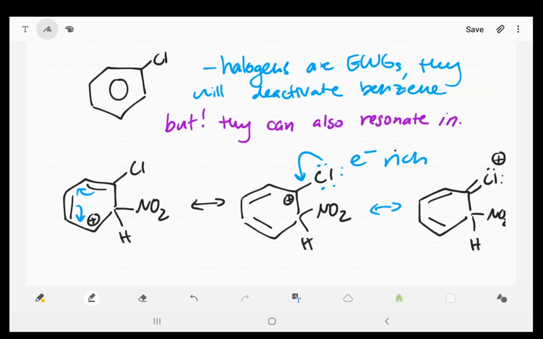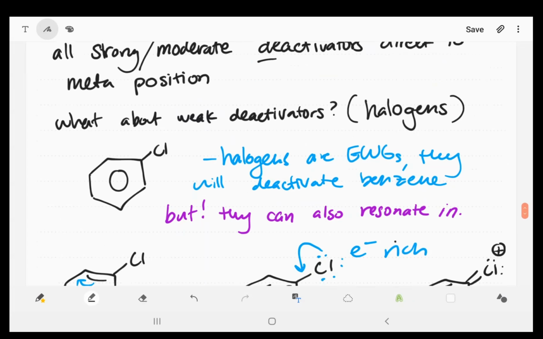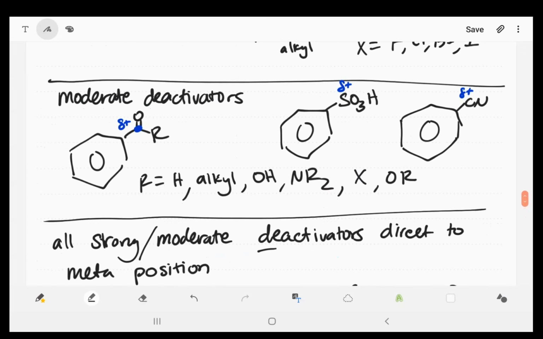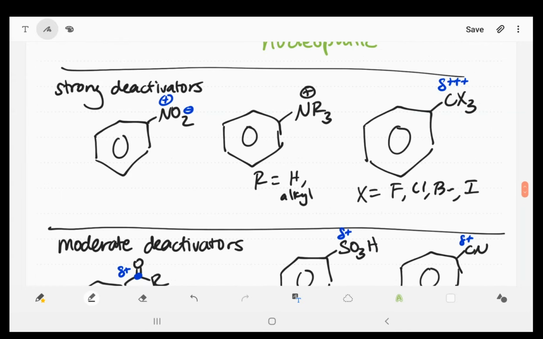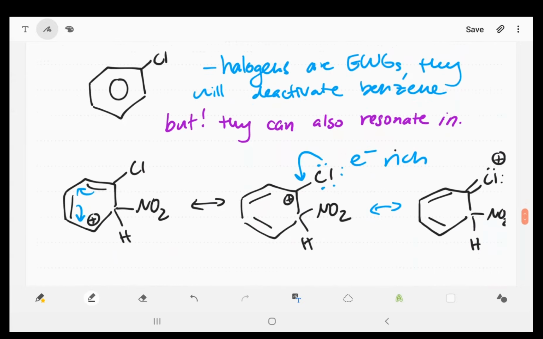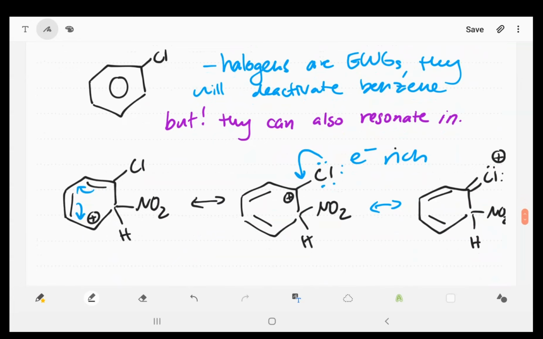Even though they are technically electron withdrawing, they have the ability to resonate in that the other things do not. None of our other deactivating groups can resonate into the ring. They can only resonate away from the ring. All right, so all of these resonate away from the ring. Our halogens can resonate into the ring.